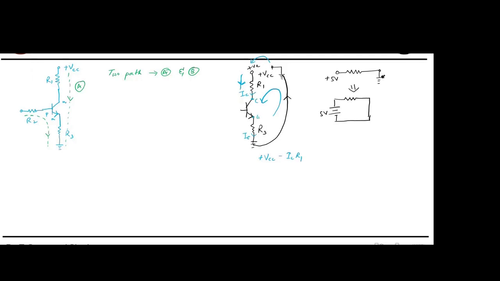This one is the emitter terminal, so there will be some voltage here. I'll call it VCE. So this will be minus VCE or plus VCE? See the direction of the current. Current is flowing from collector to emitter.